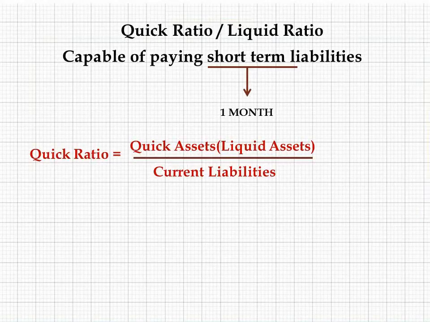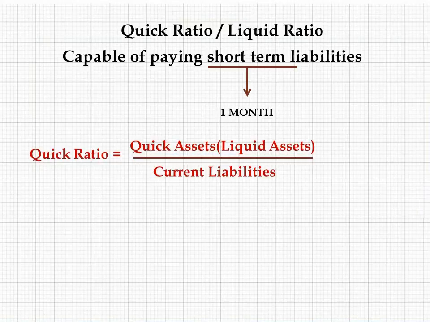The reason being, we cannot rely on the stock that it will be sold regularly within 1 year, because it always depends upon market fluctuation. Sometimes the firm is not capable of selling the goods in the same flow. So that's why we never include stock and prepaid expenses in the quick assets.